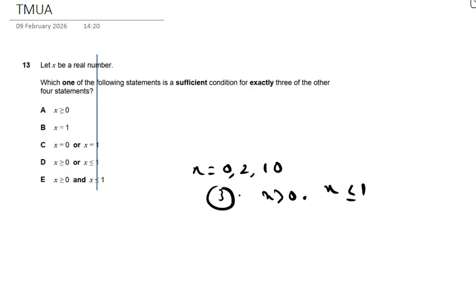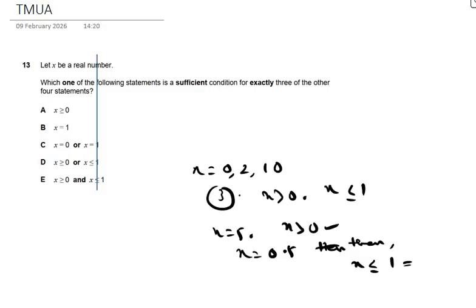And third, does it force x greater than 0 or x less than or equal to 1? Not necessarily. If x is equal to 5, then x greater than 0 is true. But if x is equal to 0.5, then x less than 1 is true. Actually, this condition does not tightly control x.